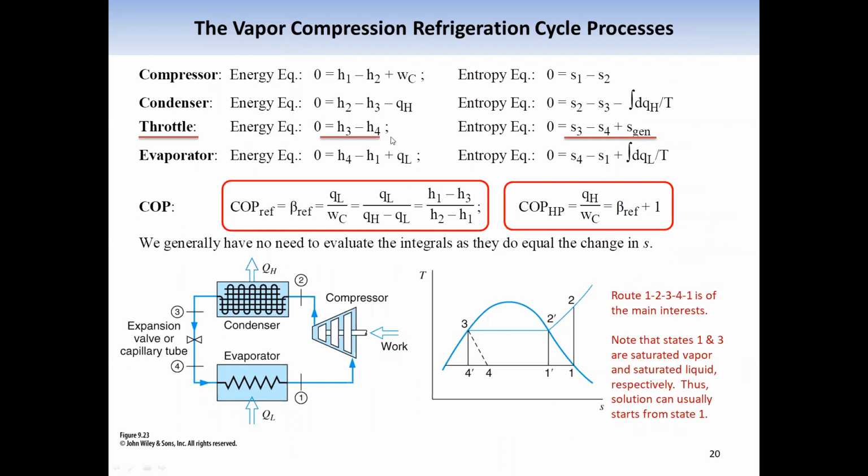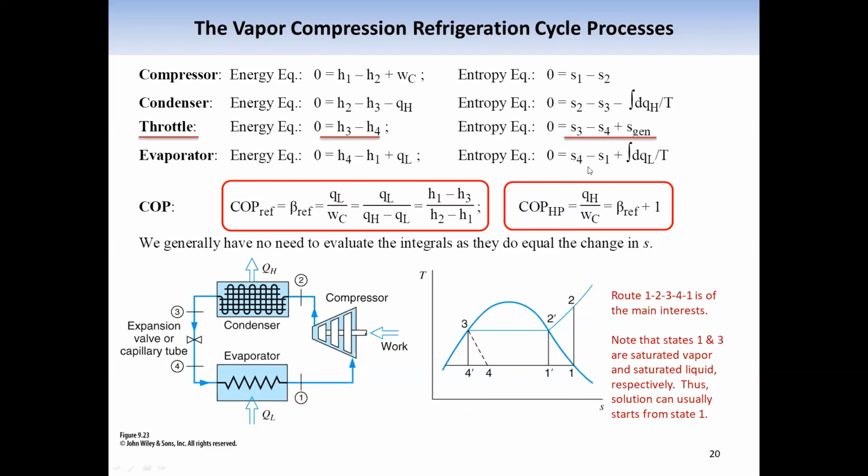Again, we have a set of 4 energy balance equations. Notice the only equation which is different from the heat engine is that we assume the throttling process is an isenthalpic process. The enthalpy remains the same.